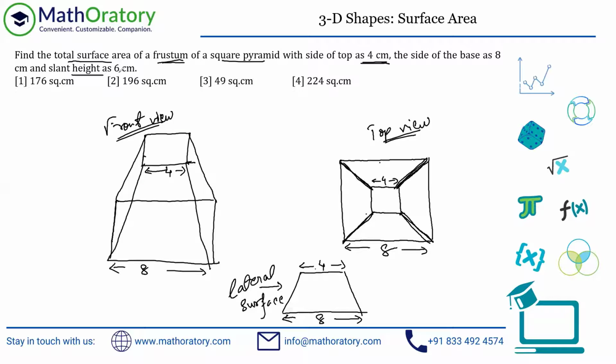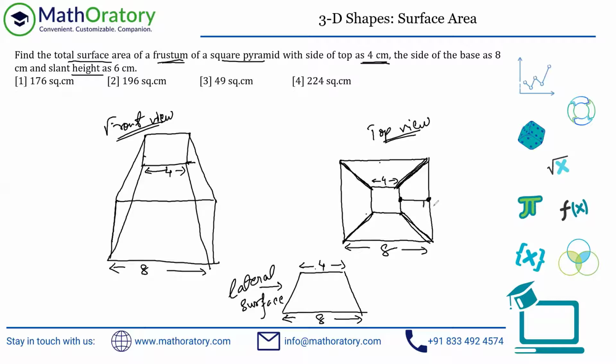I've seen a lot of students making a mistake on this. This thing is not the slant height, it is a slant edge. The slant height is just shown on the top view. You take the center of any one edge of the top surface, take the center of the corresponding edge of the bottom surface, and connect these two.